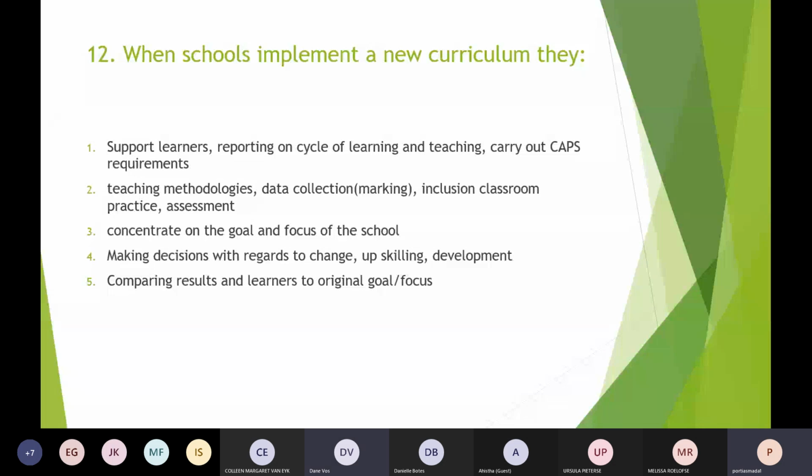Well, for example, if you're carrying out CAPS requirements, why would you then be looking at a new curriculum? Thank you, Danae. Correct, thank you. If you look at number 2, teaching methodologies, data collection, inclusion in classroom practice and assessment, do you think that is a suitable answer?